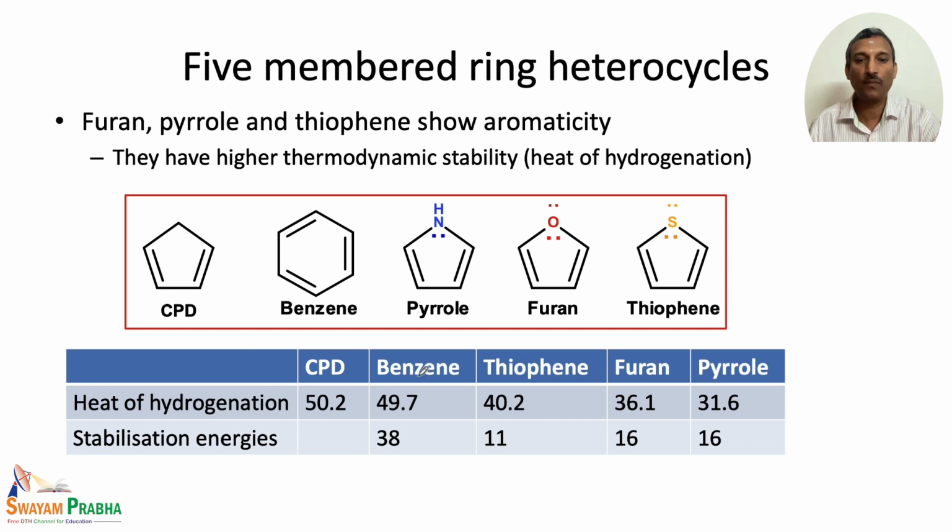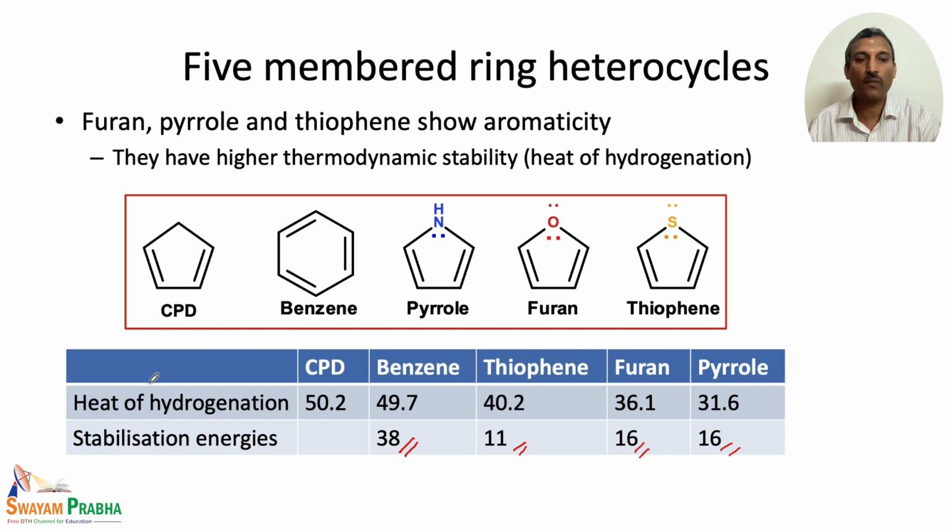For example, when we talk about the aromatic stabilization energy, benzene has a very high value of 38 kilocalories per mole, and in the case of thiophene, furan and pyrrole, they have some amount of aromatic stabilization energies, whereas cyclopentadiene does not have this. That means these two double bonds behave like double bonds only. There is no cyclic delocalization like what is seen in the case of pyrrole, furan or thiophene.